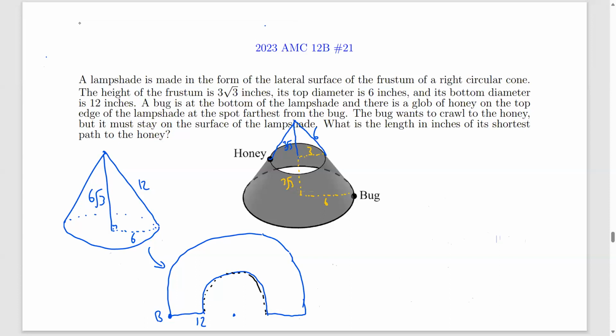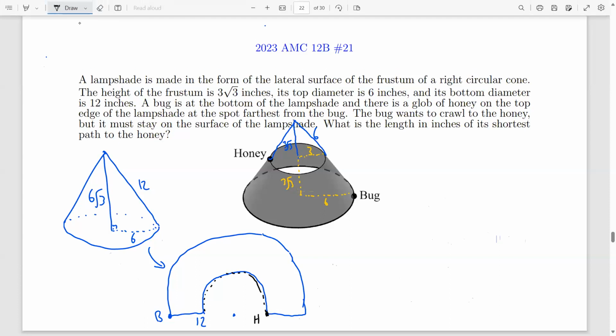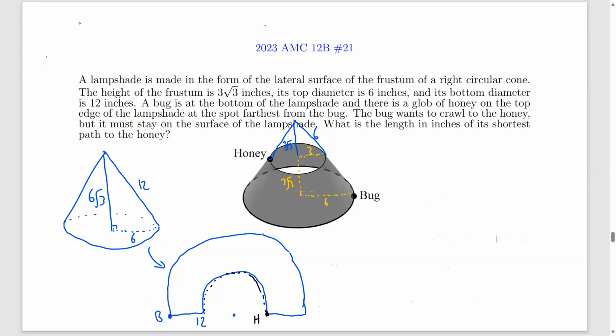However, note that the honey cannot be at this point H. The reason why is because the two straight edges are going to be joined together, and if we were to do so, we would see that the bug and the honey are actually close to each other. So instead, the honey actually has to be at the halfway point, which is this point.